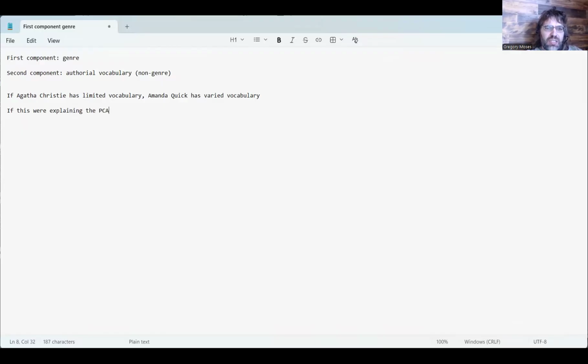explaining the PCA, then when we look at Rex Stout versus Agatha Christie, they'll be separated vertically.